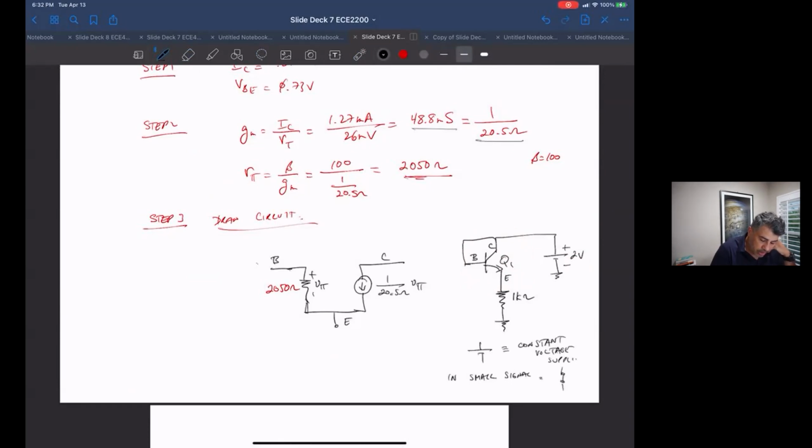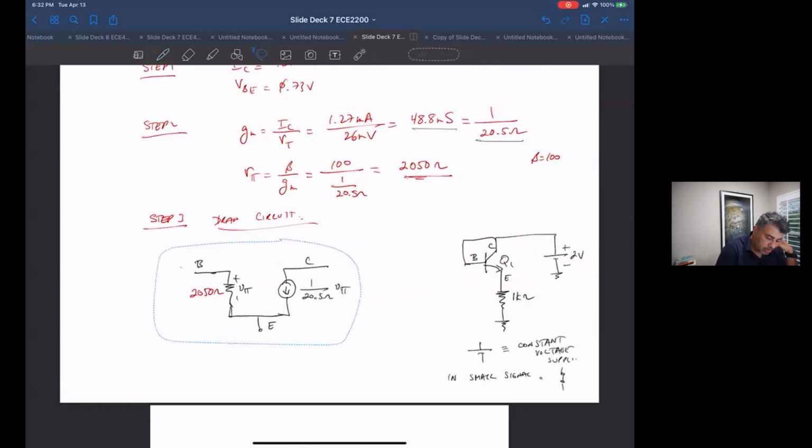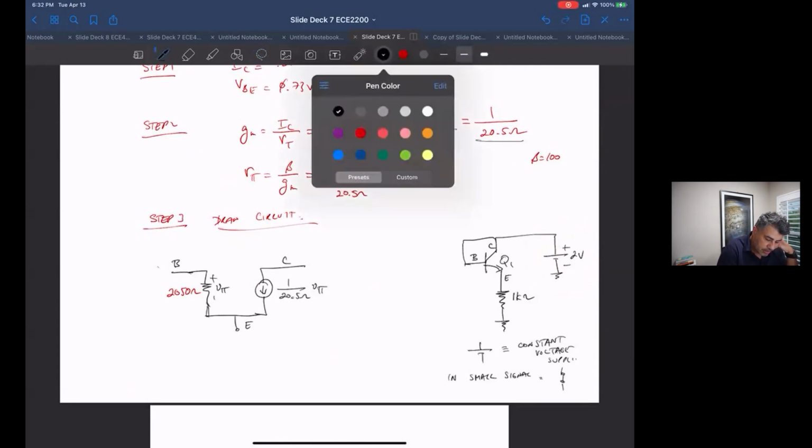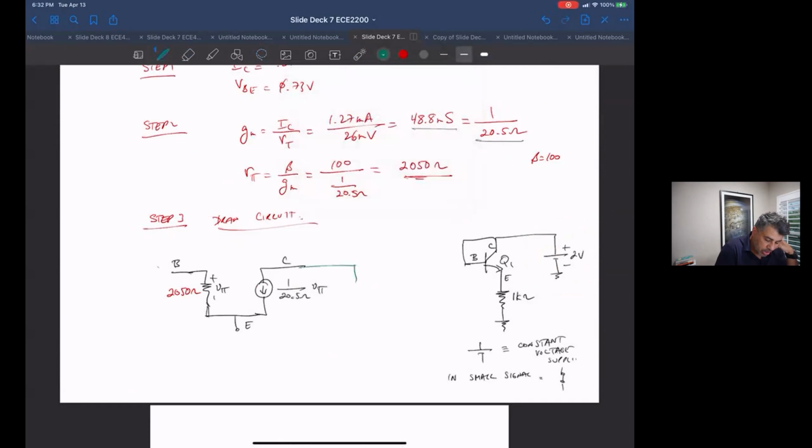So this guy is just going to look like a short to ground. I want to draw it as a short to ground here in small signal, as strange as that may seem.